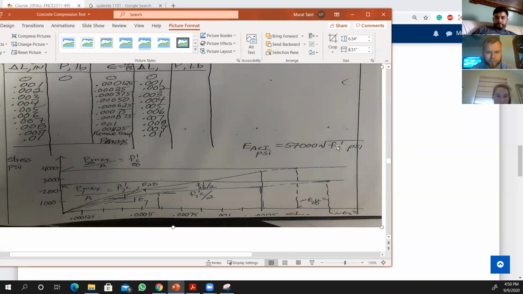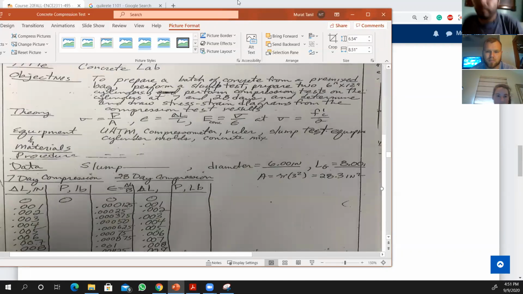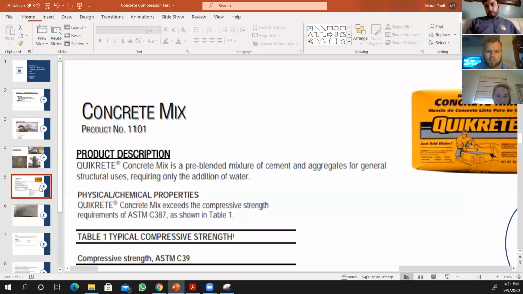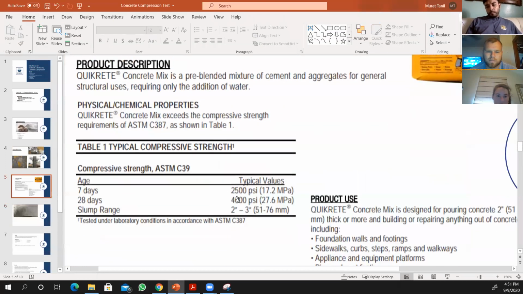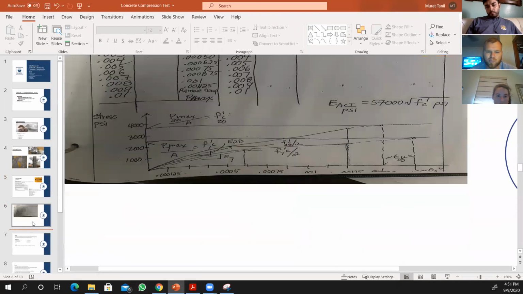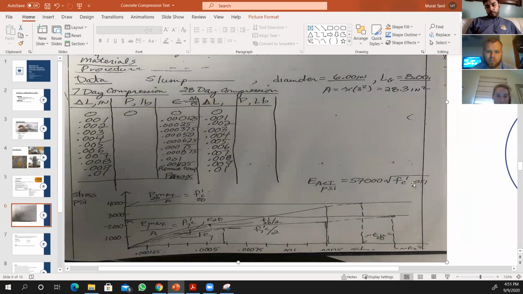F prime C is the concrete compressive strength. It was 4,000 PSI in our case because it was shown right here. So if I plug 4,000 PSI into this equation at 28 days, let's see what we get. And you can compare this with the one that you found from the graph.